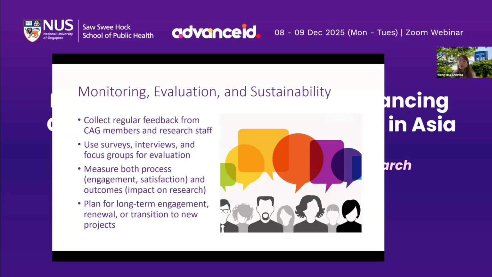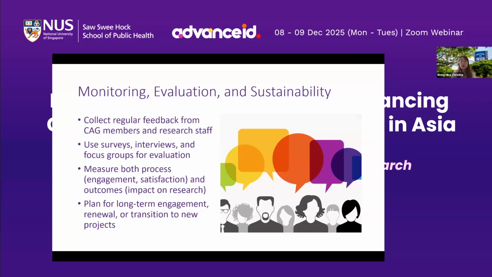Okay, so going on to monitoring, evaluation, and sustainability of the CAG. One of the ways to do that would be to collect regular feedback from CAG members and also the research staff so as to improve the CAG effectiveness. You could also use surveys, interviews, and focus groups for the evaluation.